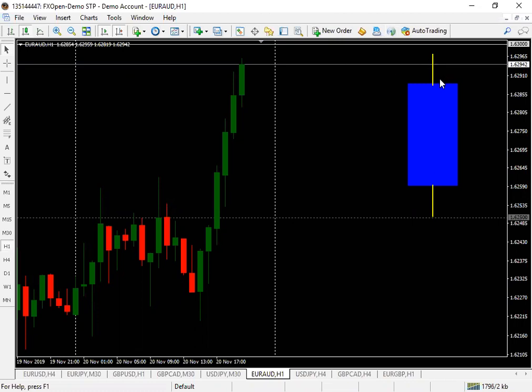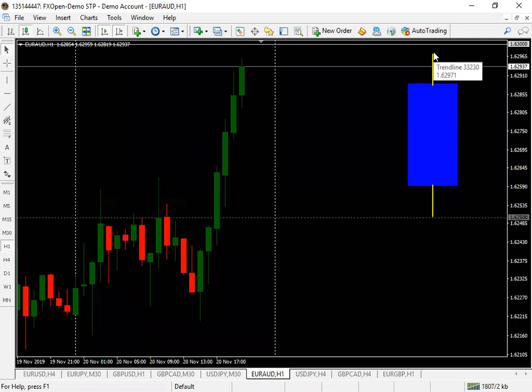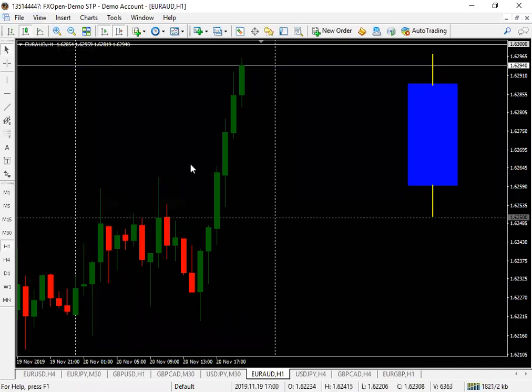So this blue area over here, that is what we call the body, and these yellow lines at the top and at the bottom just represent where the price has been. Okay, so we'll take a closer look. The markets are moving quite nicely, so we'll be able to do so right now.